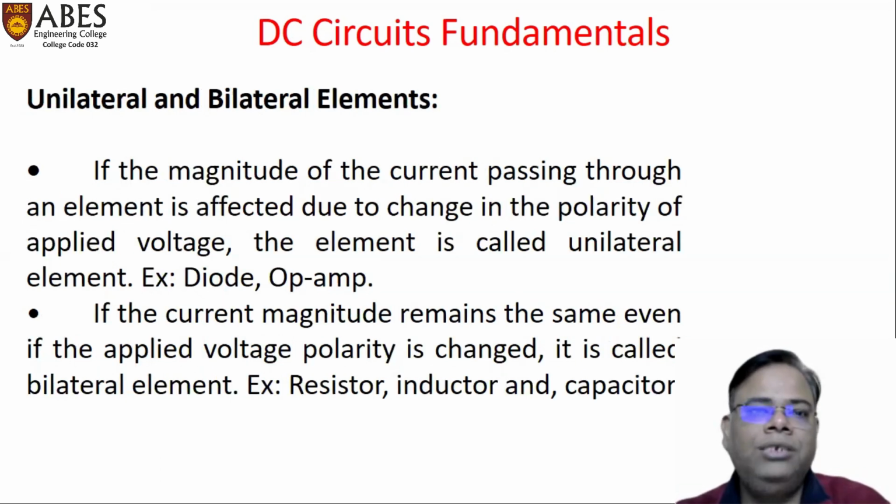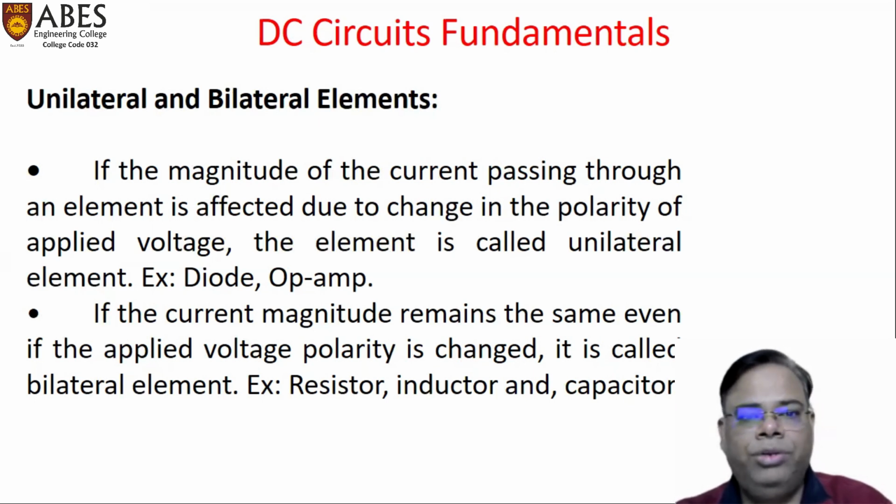Next categorization of elements is unilateral and bilateral elements. Bilateral elements are those elements which have the same VI characteristics with respect to their terminals. Examples of bilateral elements are resistor, inductor, and capacitor. Vice versa, unilateral elements are those elements which have different VI characteristics with respect to their terminals. If we change their terminals, then the VI characteristic of such elements will change.